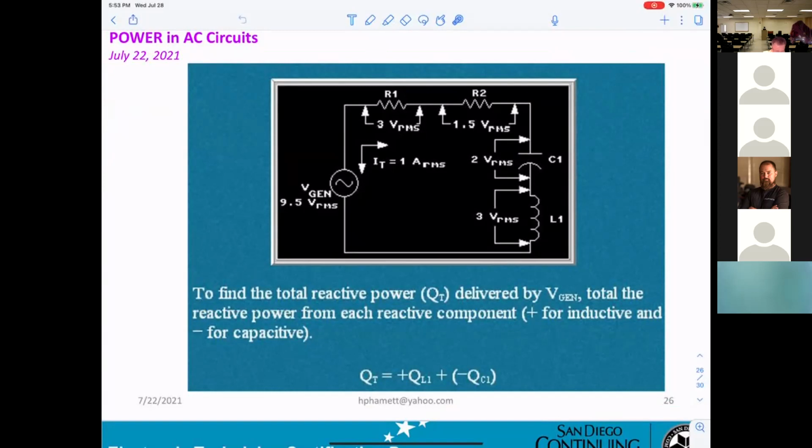So Q will be plus Q of L1 plus or minus Q of C1. That means they will be opposite.